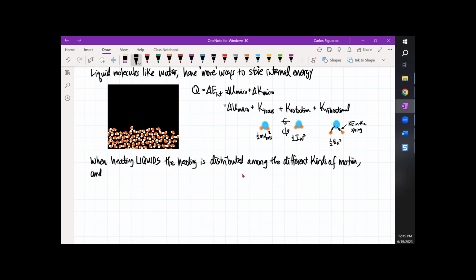And K translational, which is proportional to temperature, gets less energy transfer. Therefore, liquids are harder to change their temperatures.